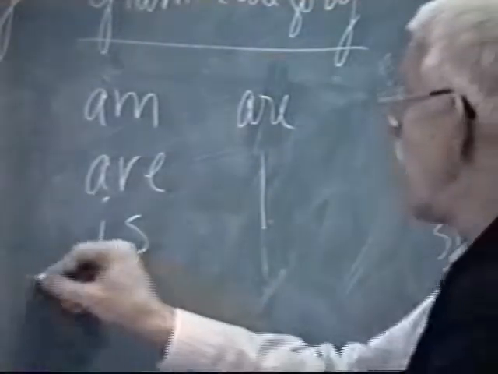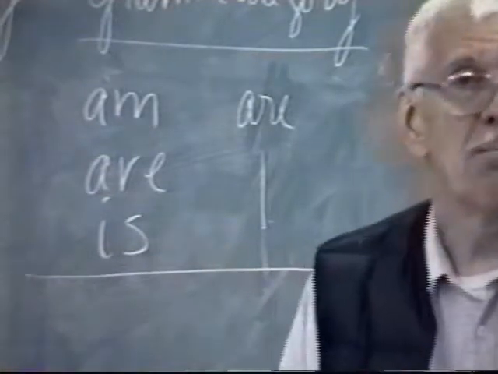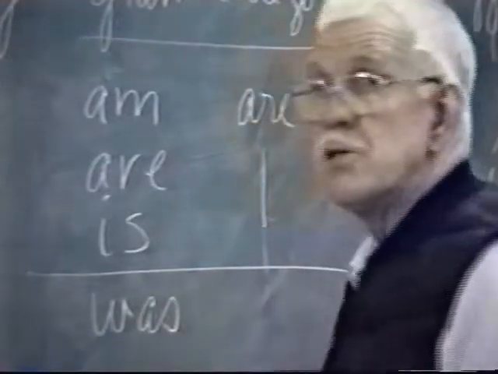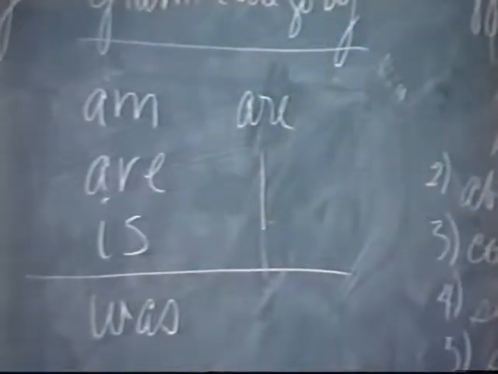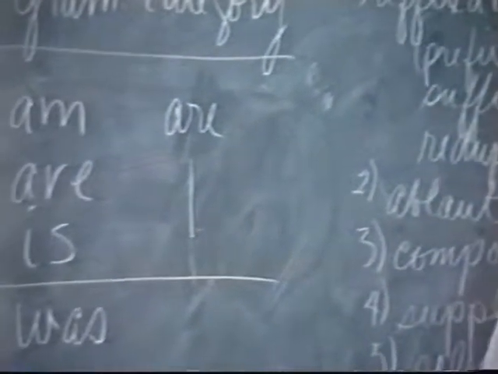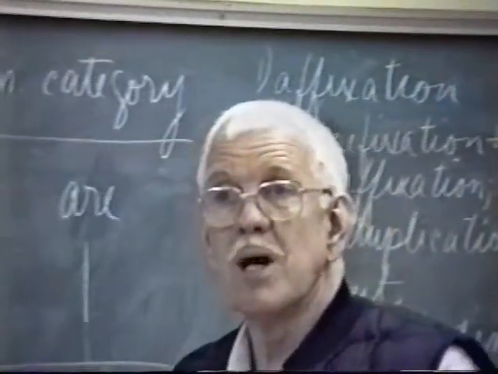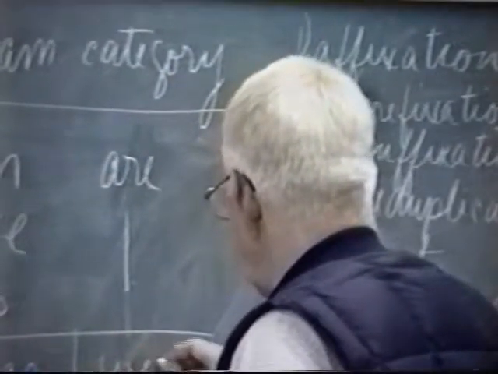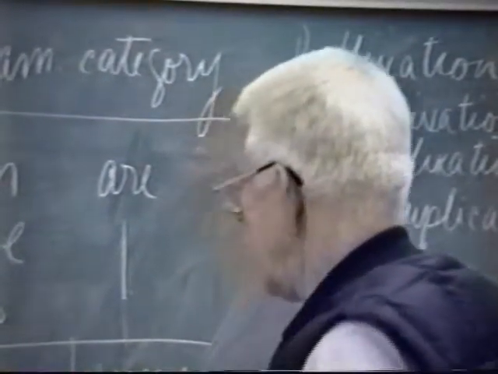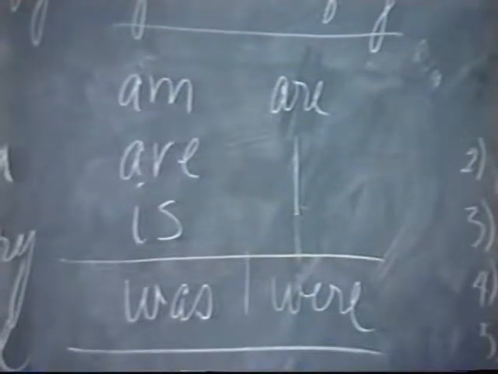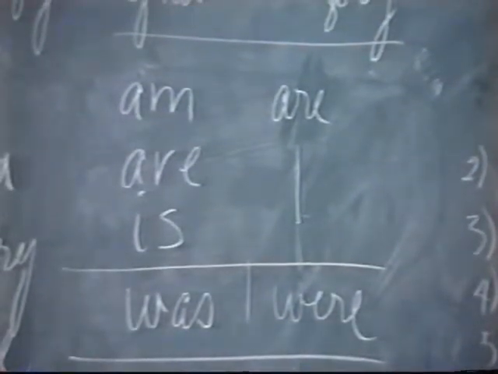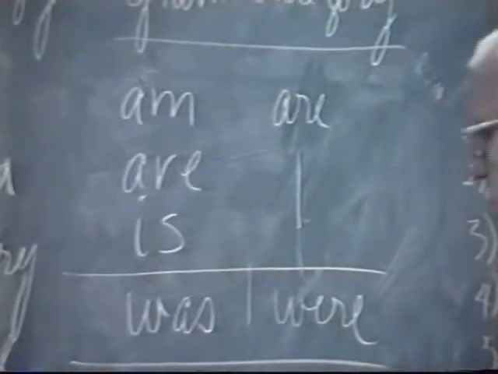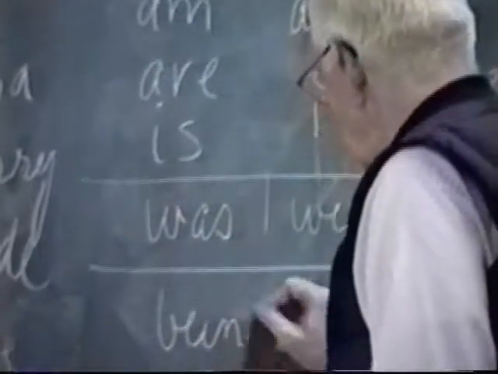In the past tense, it's not I beed, but I was, you were, he or she was, we were, you guys were, they were. So was and were. And then in the participle forms, I am being, you are being, he is being, and so forth.